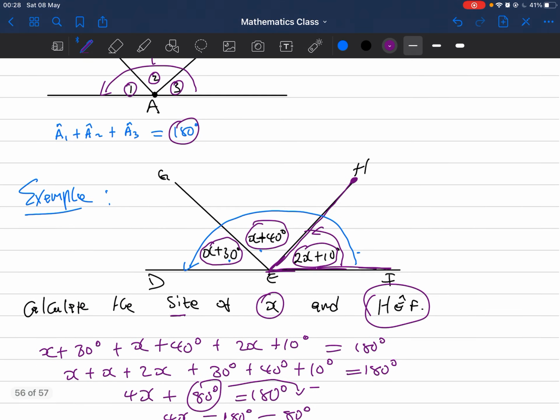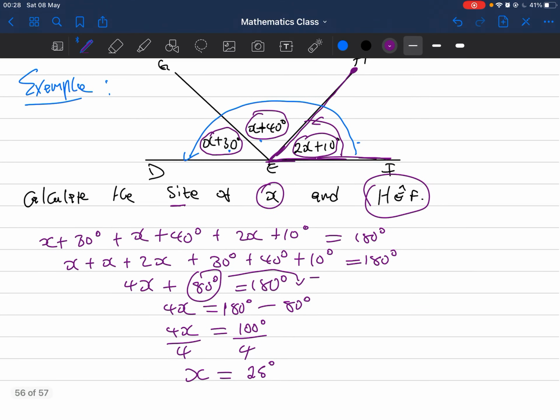Now, the next question is to find the size of angle HEF. So how do you do that?